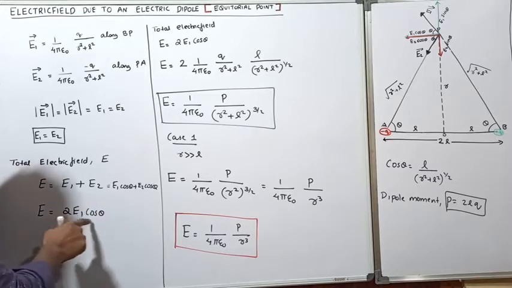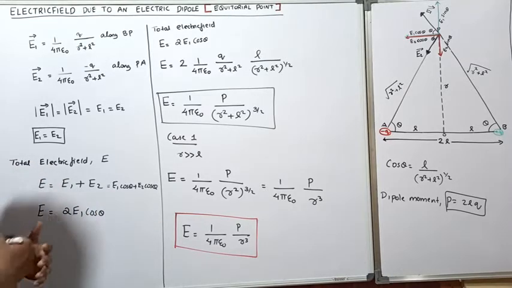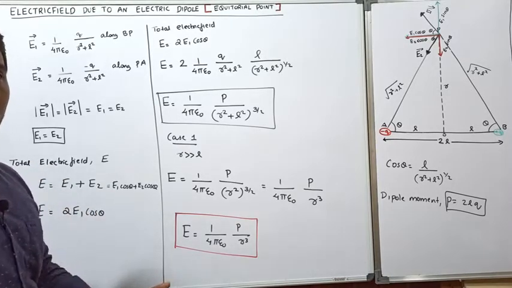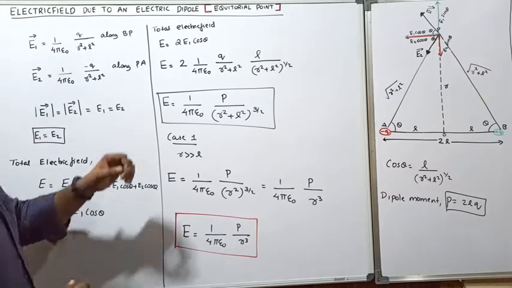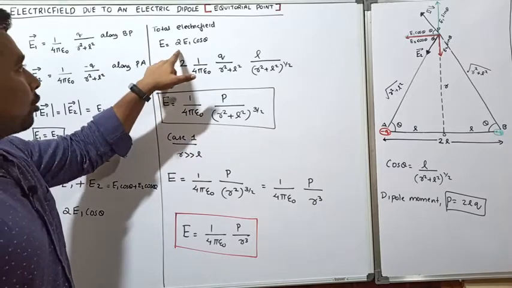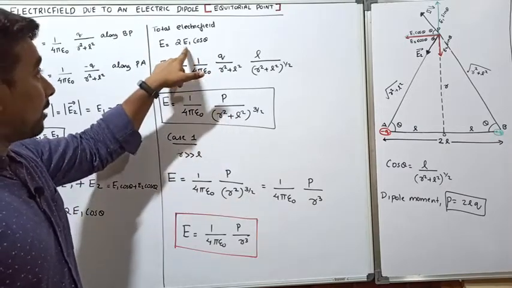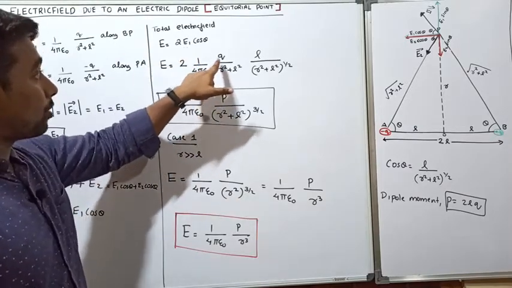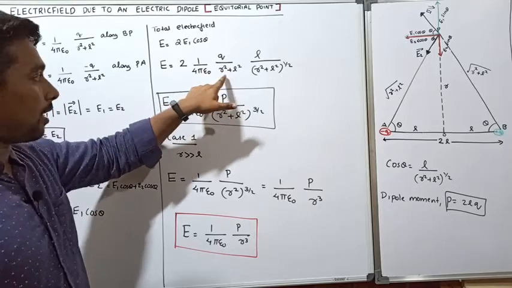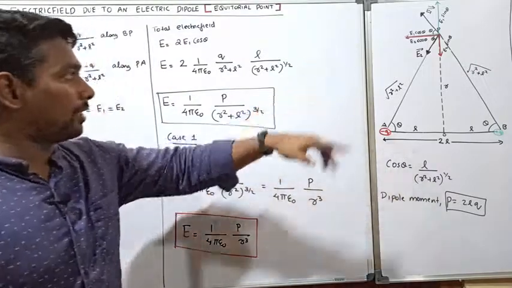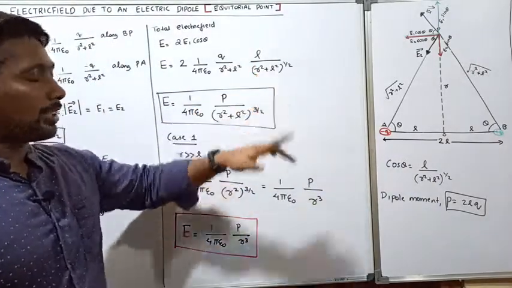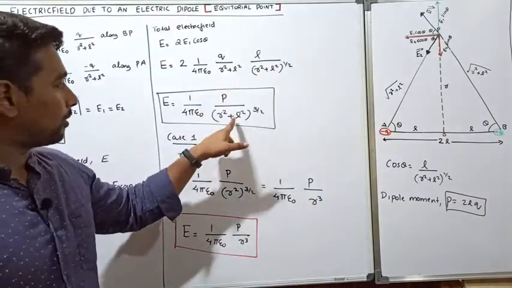That means you can write 2E1 cos theta or 2E2 cos theta. There will be no difference since we are taking the magnitude. So the total electric field is 2E1 cos theta, where E1 is 1 by 4 pi epsilon 0 q by r square plus L square. Cos theta you can calculate from the triangle as L by r square plus L square the whole raised to 1 by 2. This combines to form this one.